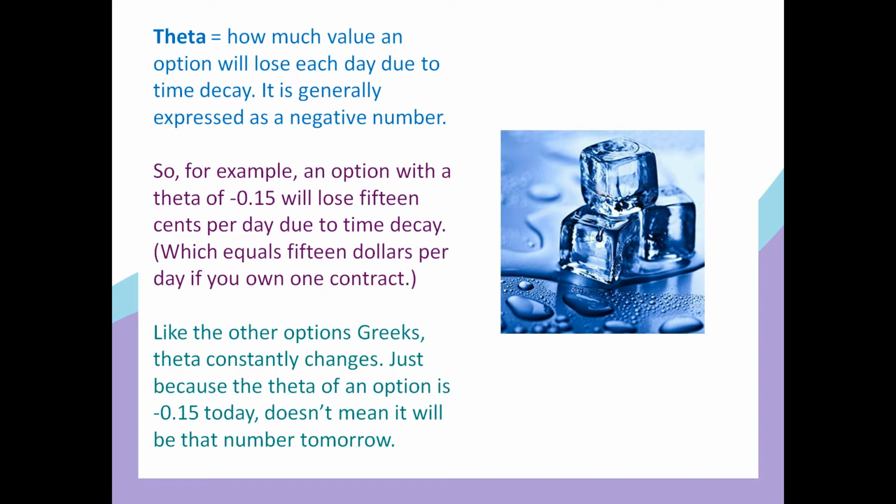So for example, an option with a theta of negative 0.15 will lose 15 cents per day due to time decay, which equals $15 per day if you own one option contract. Because remember, one option contract is the equivalent of 100 shares of the stock or ETF or commodity or currency or whatever.